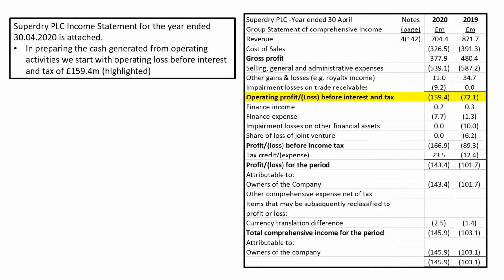In preparing the cash generated from operating activities, we start with the operating loss before interest and tax of 159.4 million from the income statement. In the next slide, we will look at Superdry's cash flow statements.